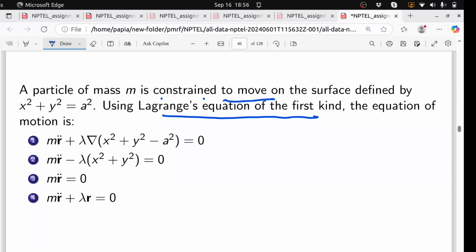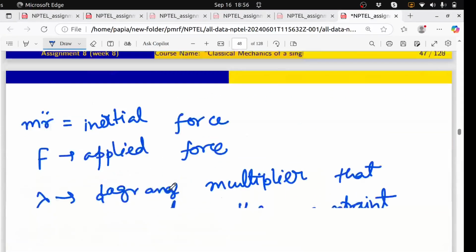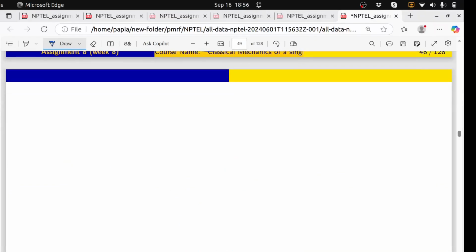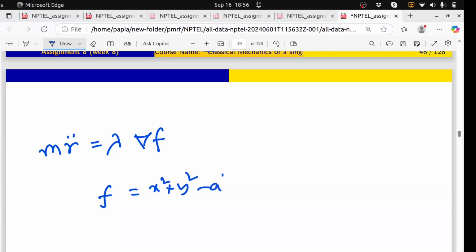Here they didn't tell about the applied force at all, so the applied force equals 0 for this case. So I can write m r double dot equals lambda grad f, and f here is x square plus y square minus a square.